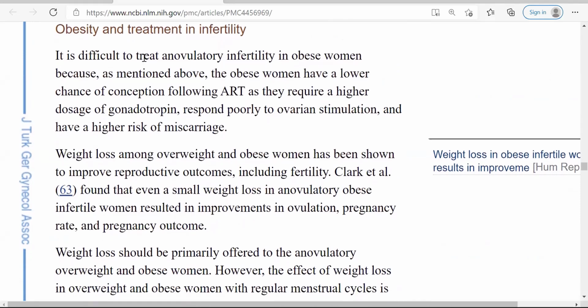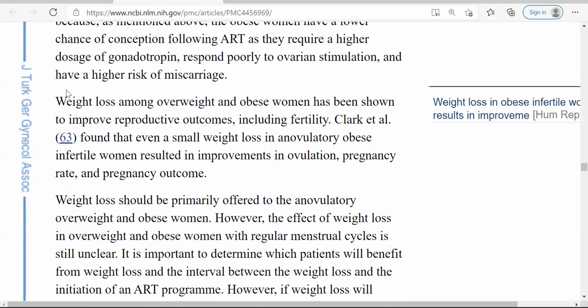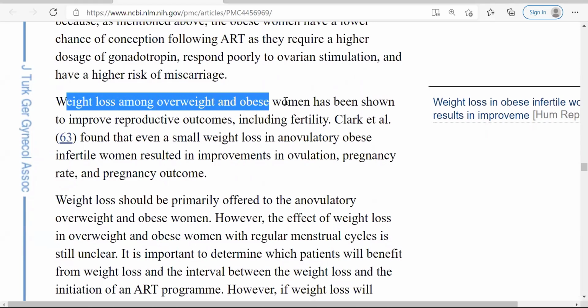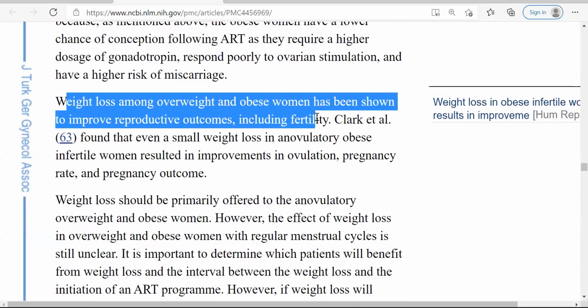It is difficult to treat infertility in obese women because they have a lower chance of conception following ART, as they require a higher dose of gonadotropin. They respond poorly to ovarian stimulation, and there is a high risk of miscarriage. That's why weight loss among overweight and obese women has been shown to improve reproductive outcomes, including infertility.